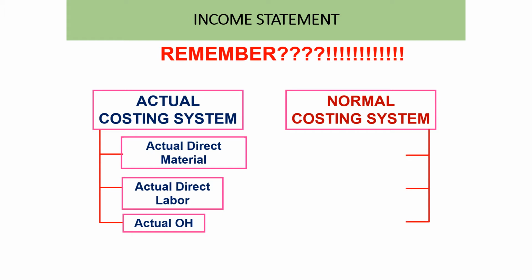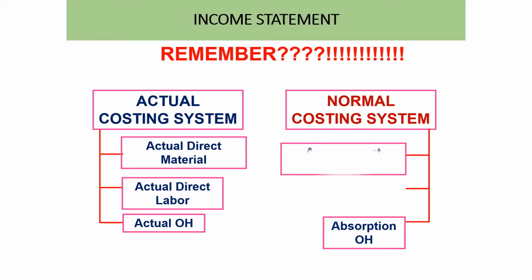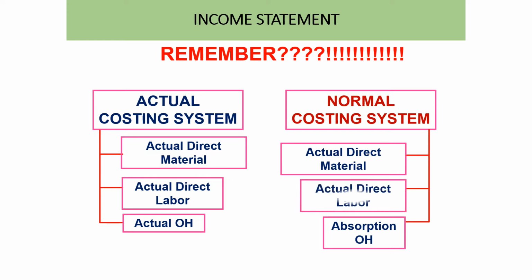Under the normal costing system, the difference compared to the actual costing system is the absorbed overhead, and you have actual direct material and actual direct labor.